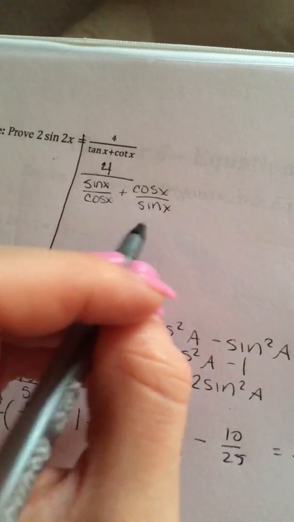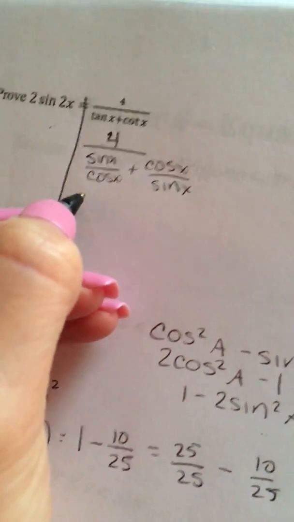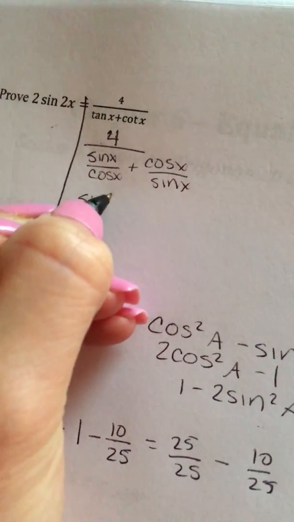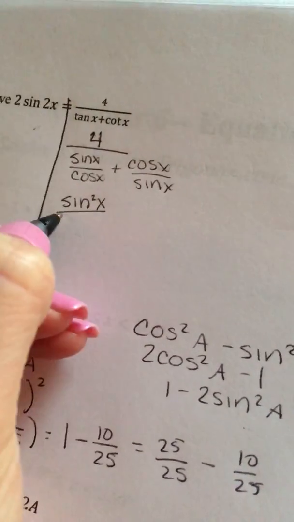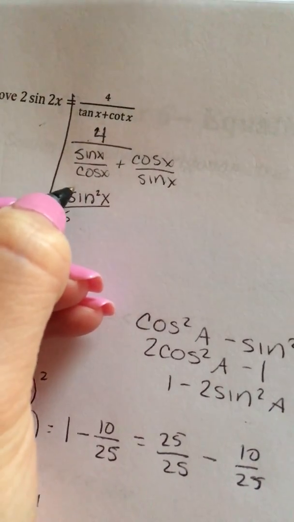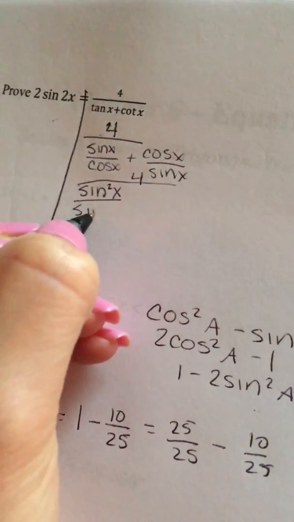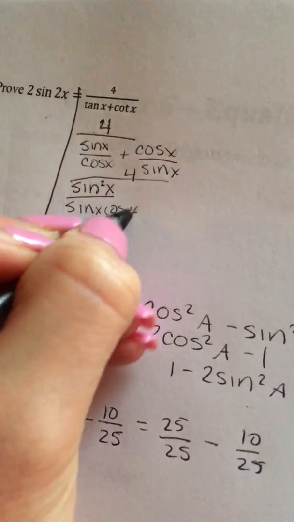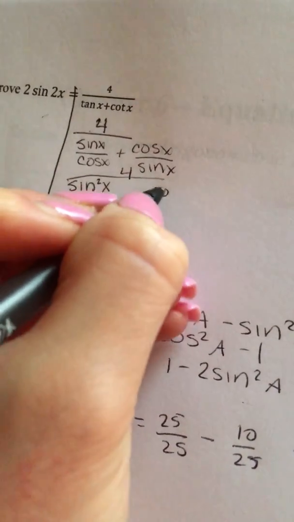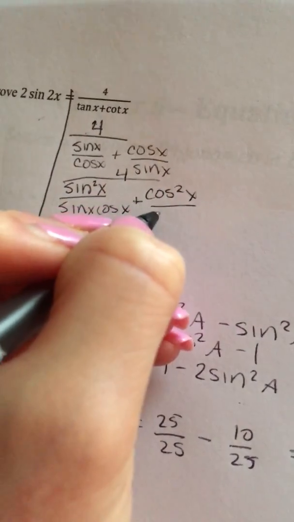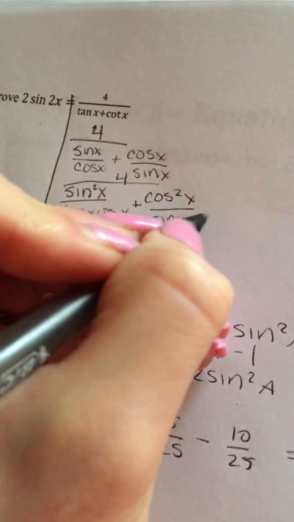Give the other one what it's missing. So this is going to look like 4 over sine squared of x over sine of x cosine of x plus cosine squared of x over sine of x cosine of x.